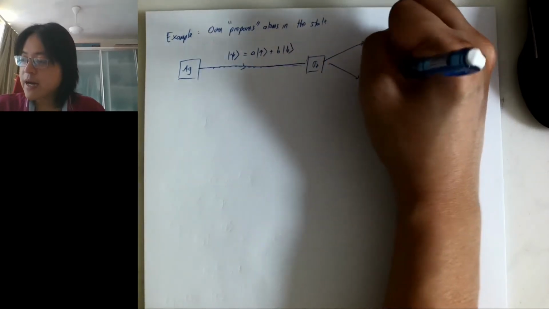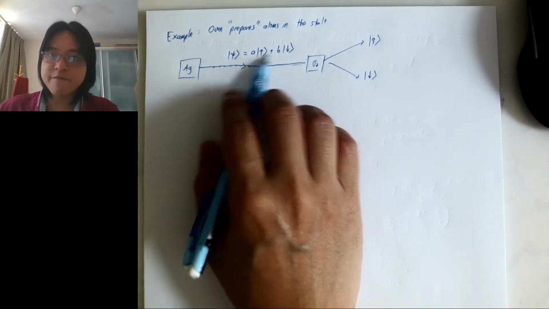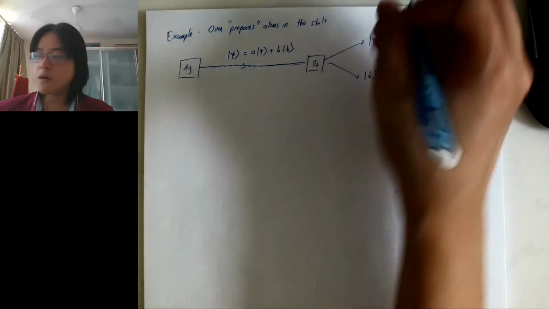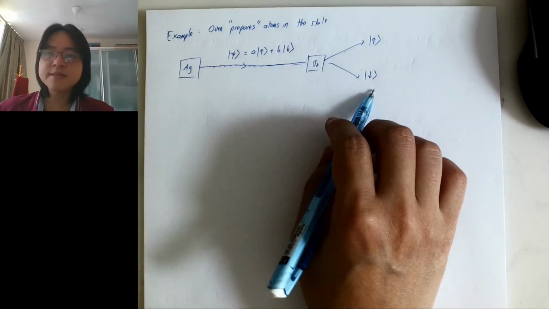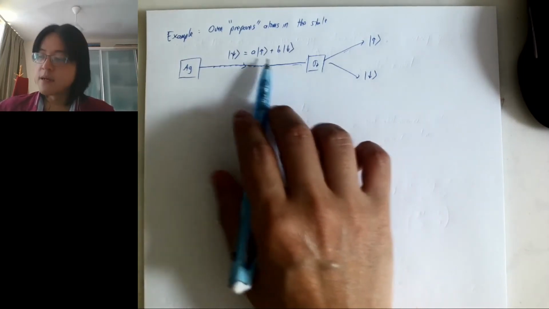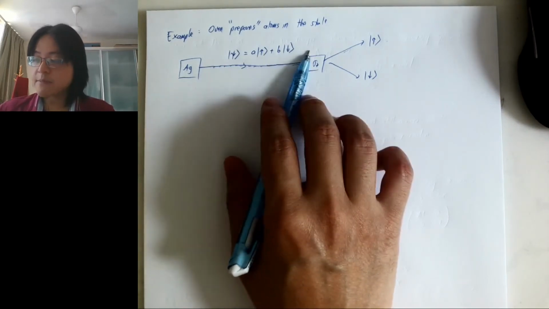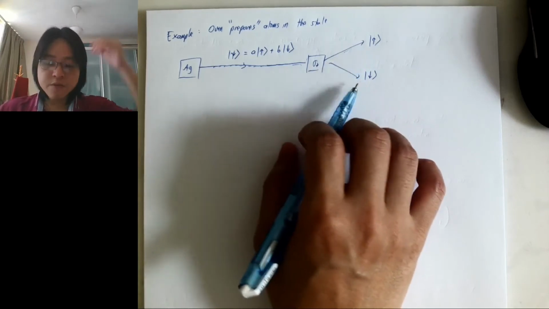If you are given an explicit formula for the state, then I can calculate the proportion, how many percent will go up, how many percent of the beam will come down, because this is a probability, right? All the atoms have the same state, but once you measure it, some of them you get this, some of them you get this.